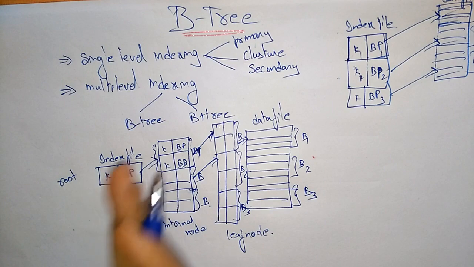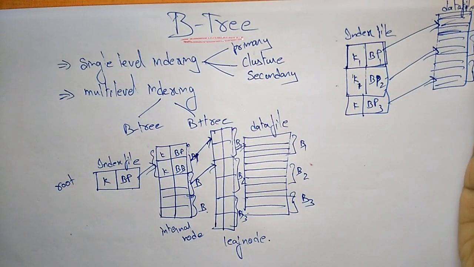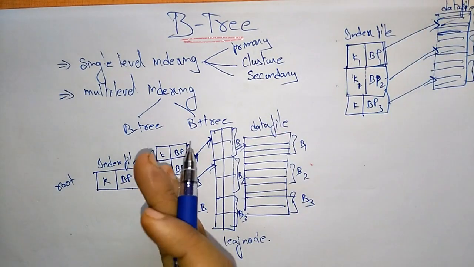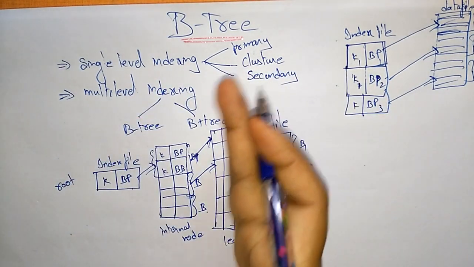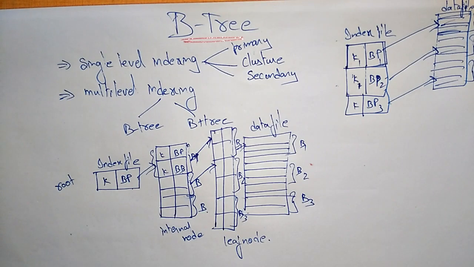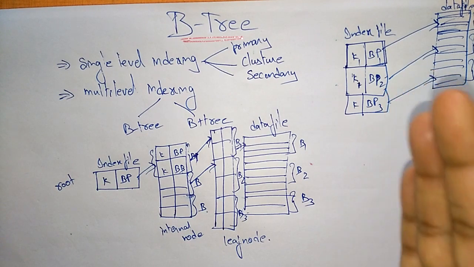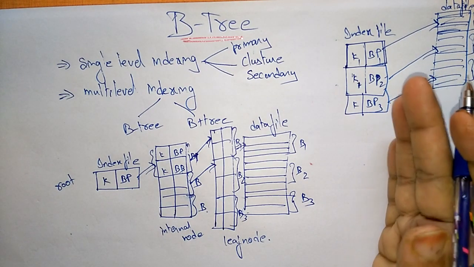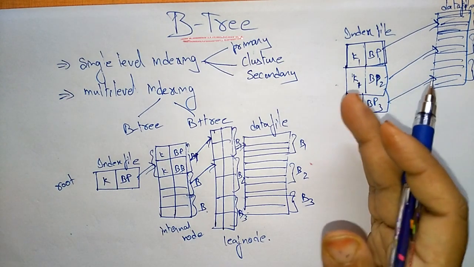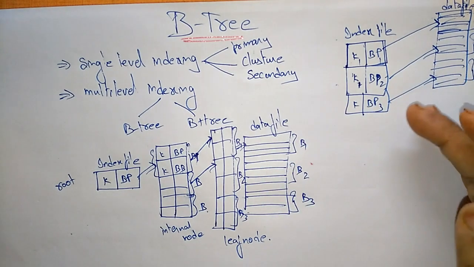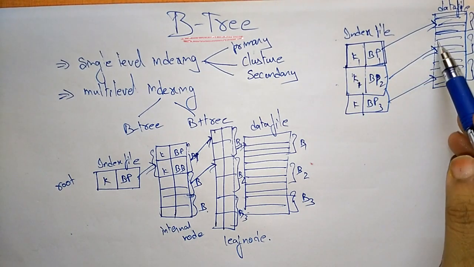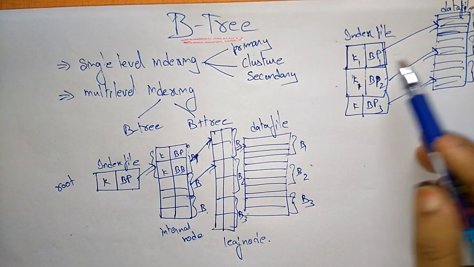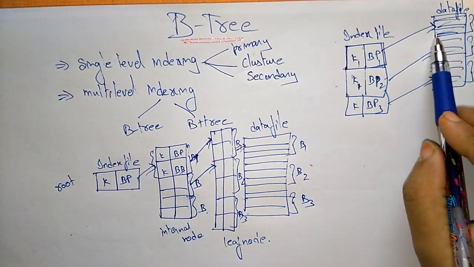Instead of the index file communicating directly with the data file as in single level, in multi-level indexing the root communicates with the internal node, then the leaf node, then the data file. So what is the advantage here? In single level you have so many index file records communicating with the data file, and each entry in the index file points to a block.